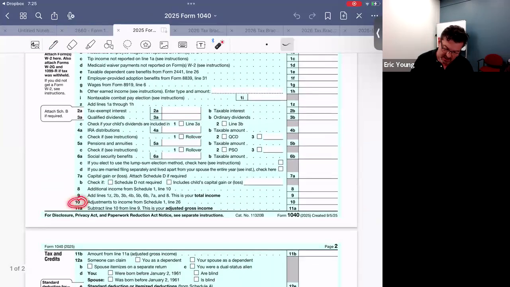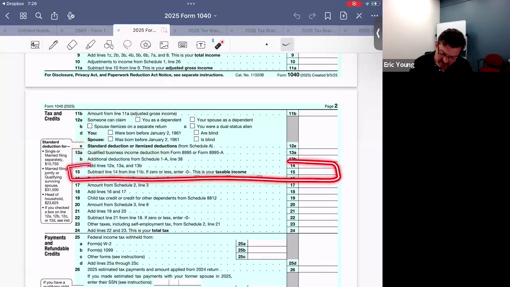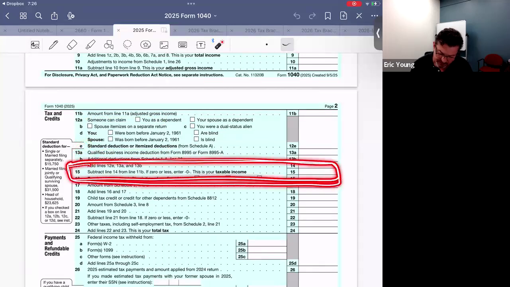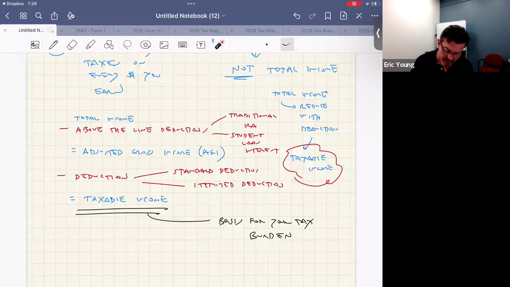Line 10, above the line deductions, leading to line 11, adjusted gross income. Adjusted gross income carries here, minus standard or itemized, gives you right here on line 15, the big important, big kahuna number, your taxable income. That's how it looks on the tax return.